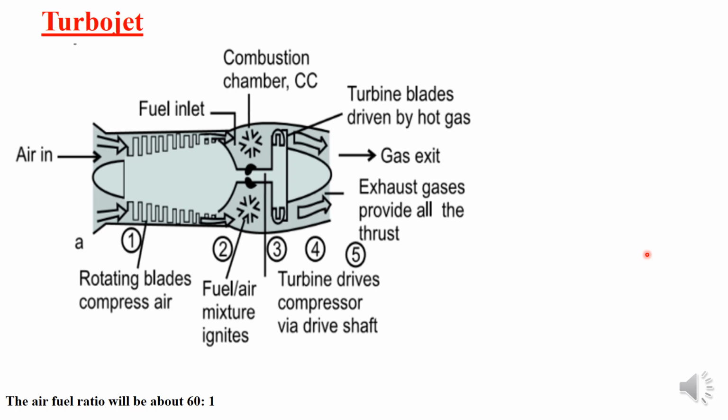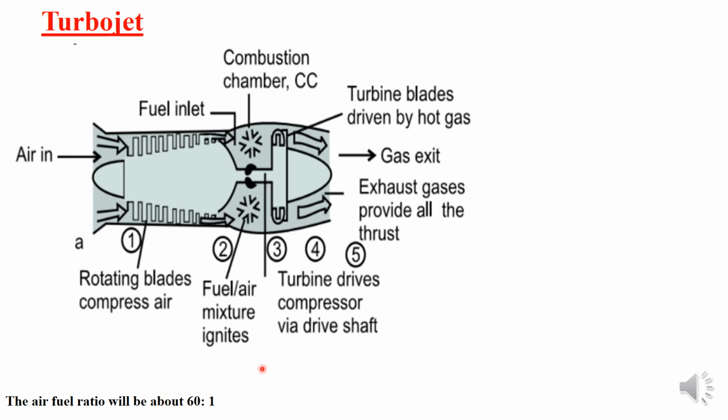So this is how your turbojet works. In this case, the air to fuel ratio will be around 60 to 1. That is, for 60 kg of air, 1 kg of fuel is enough. That is the meaning of this air fuel ratio.